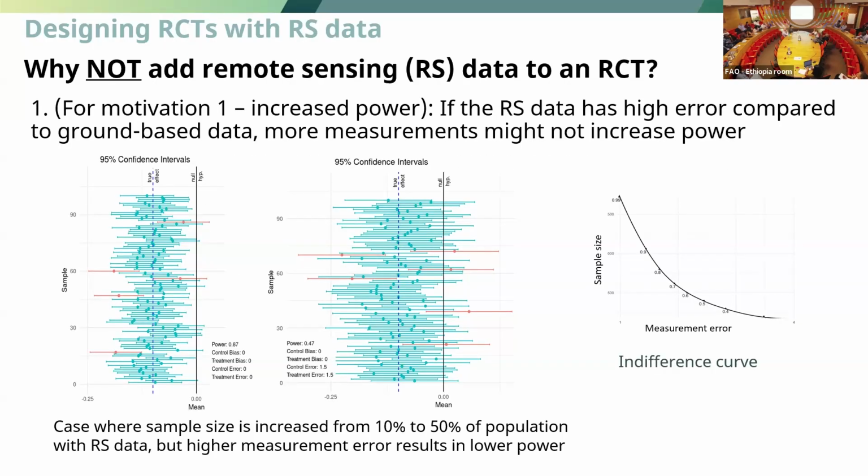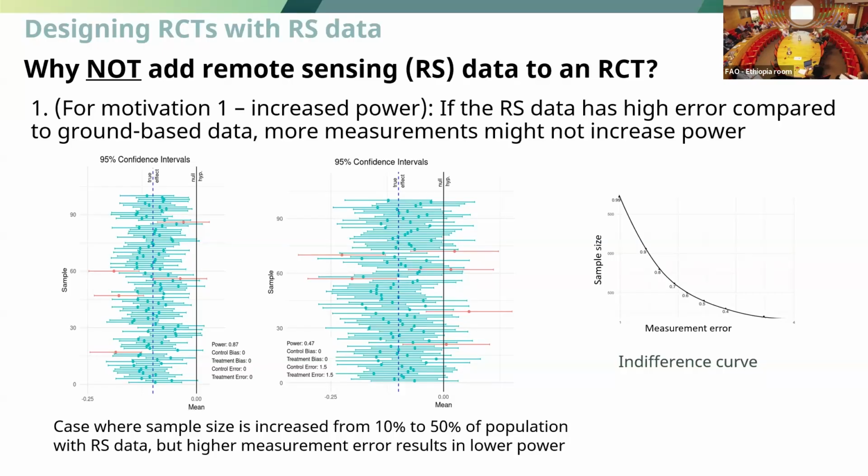So looking at the first motivation, increased power, economists really like to do these kinds of power exercises, and we have some tools in the chapter if people want to play with them. The key here is that the assumption is that we know what the error is in the remote sensing data, which honestly you don't usually know ahead of time before you've taken measurements from the field.